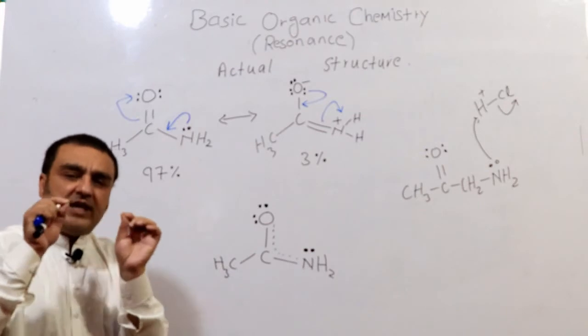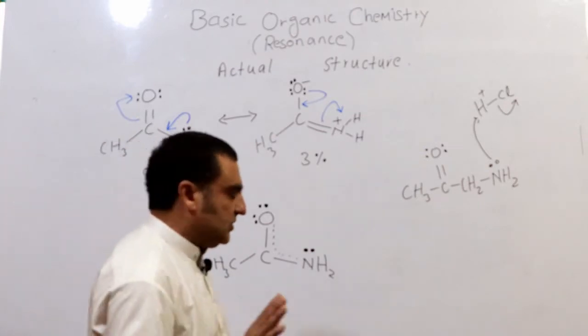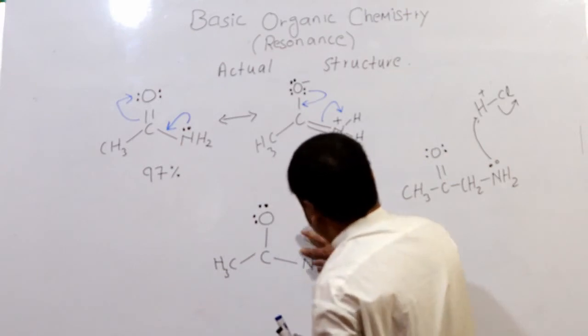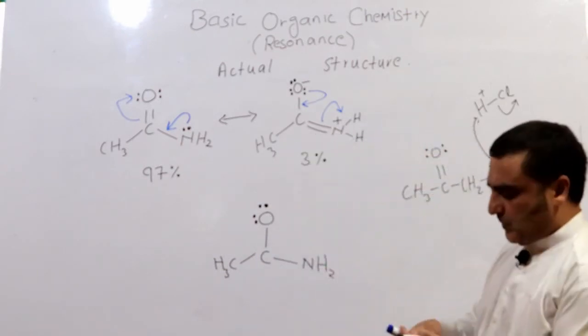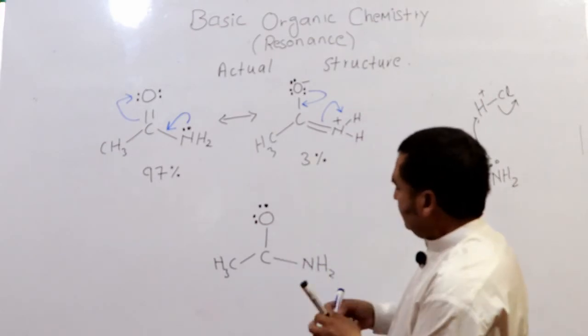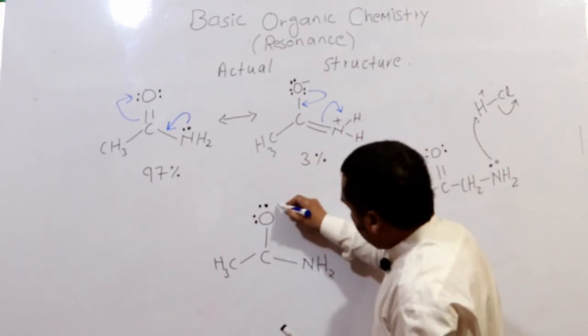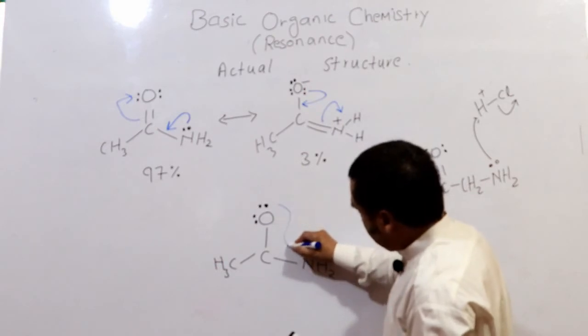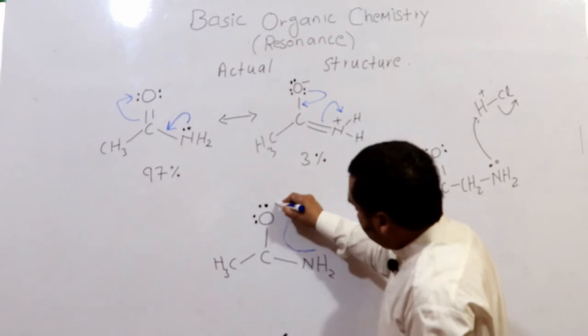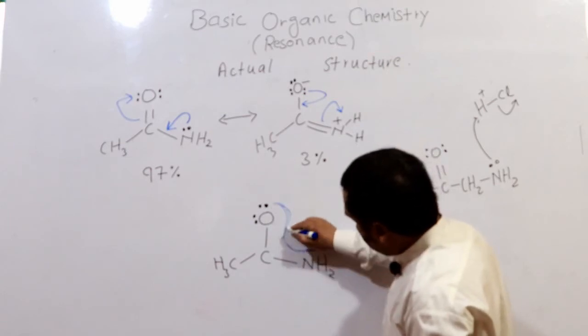It is a little bit negative. The electron cloud is distributed like this, and I am just exaggerating things: small on this and a big portion present on oxygen.